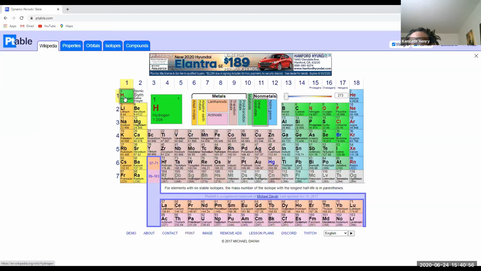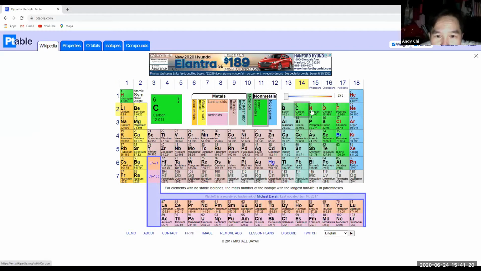Hydrogen, when I put my finger on hydrogen, what happens? What lights up? Take a look. What does it say? It's non-metal, it's green. That's non-metal. So then what is it? Covalent. That's right. If I put my finger on carbon, what is it? Covalent too.